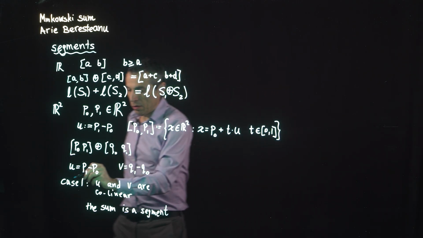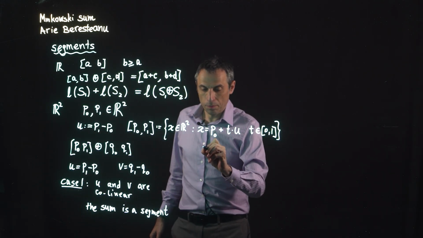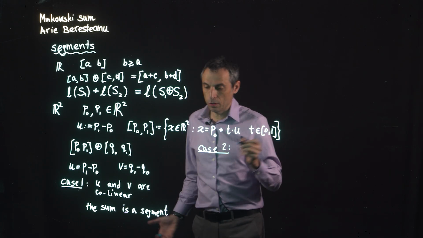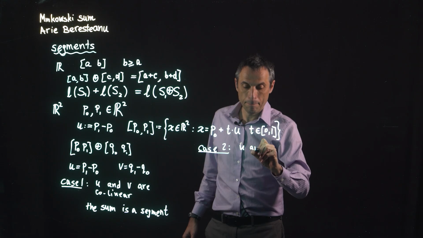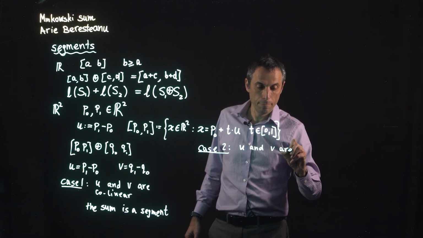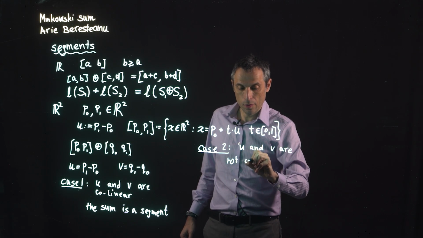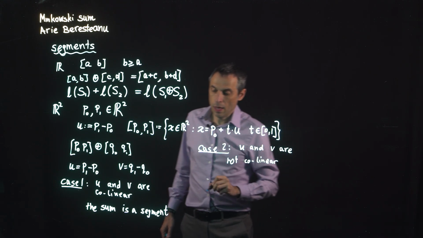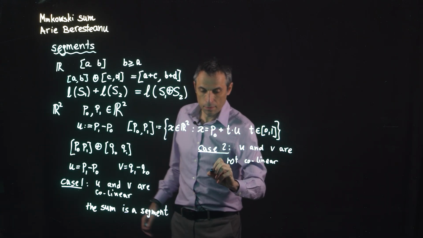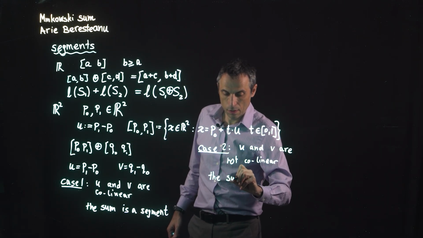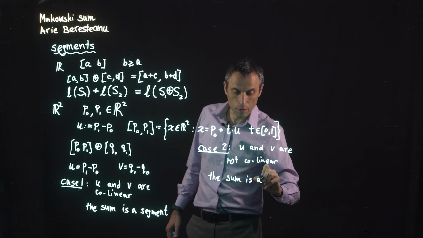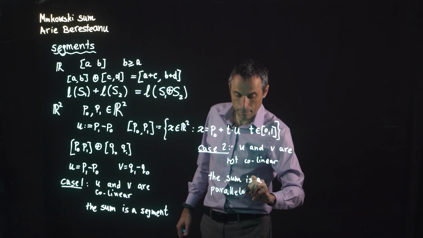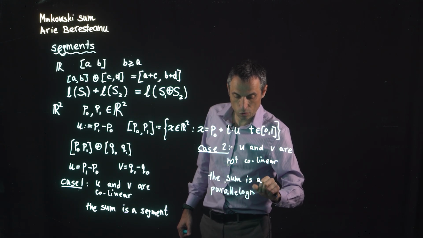Case 2: U and V are not collinear. We'll draw a picture in a minute. Then the sum is a parallelogram.